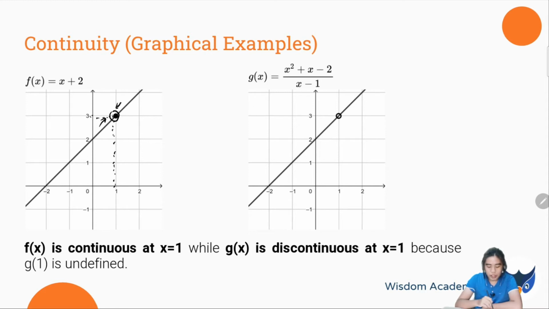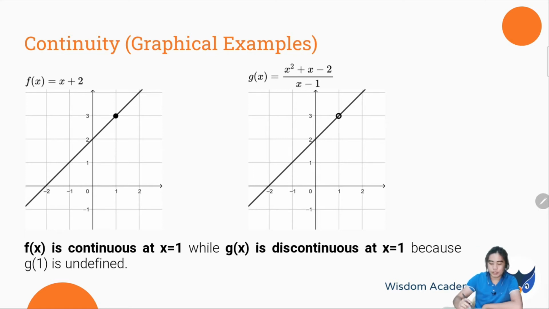So, f of x is continuous at x equals 1. As for g of x, since there is a hole at x equals 1, we immediately know it is discontinuous at x equals 1 because g of 1 is undefined.